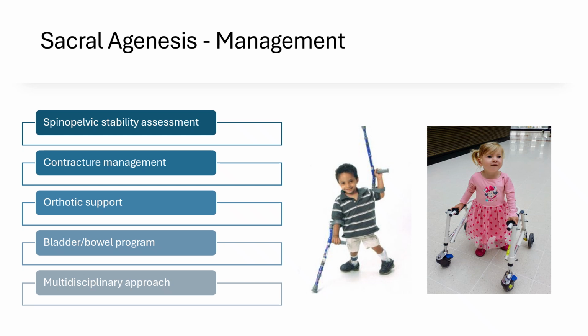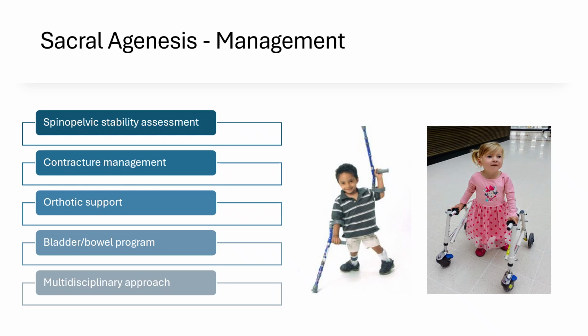Managing sacral agenesis requires a comprehensive approach that addresses the multiple systems affected by this complex condition. The management strategy must account for both the immediate structural problems and the long-term functional challenges that these children will face throughout their development. Spinopelvic stability assessment forms the foundation of management because the absence of normal sacral anatomy creates instability at the junction between the spine and pelvis.